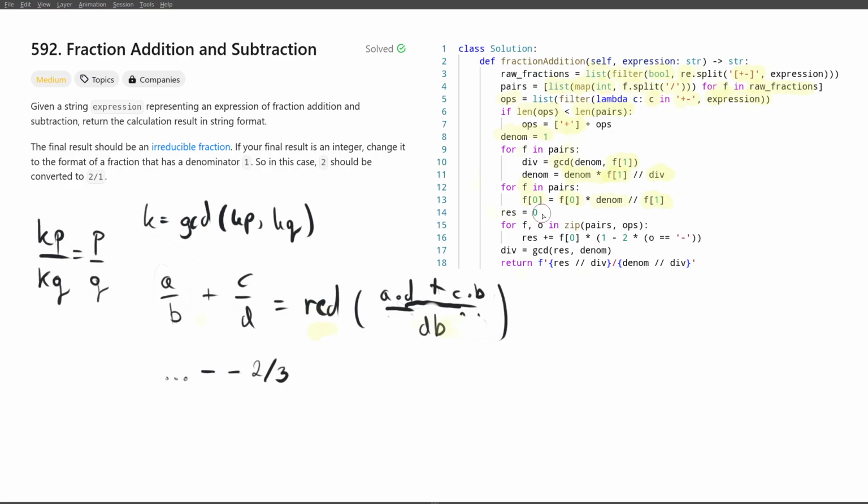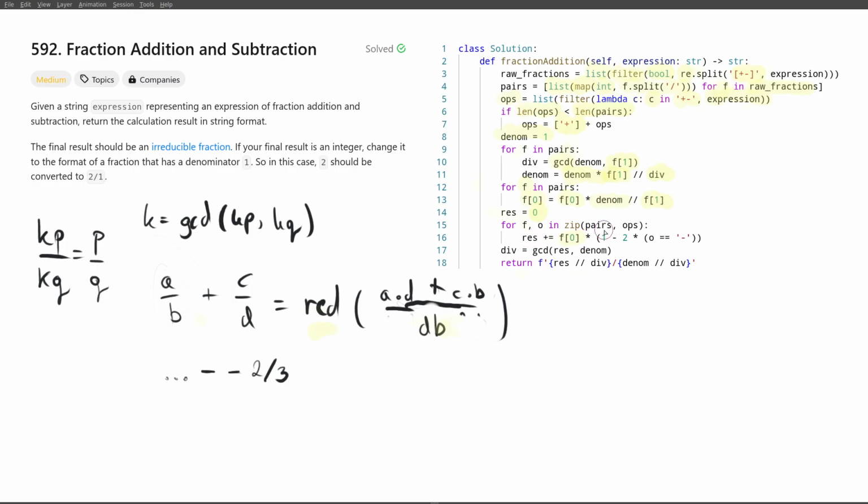And now we start with the numerator being 0, and we just either add or subtract the following numerators, because now everything has the common denominator. And we have to add the next numerator if the operation is plus, otherwise we have to subtract it.